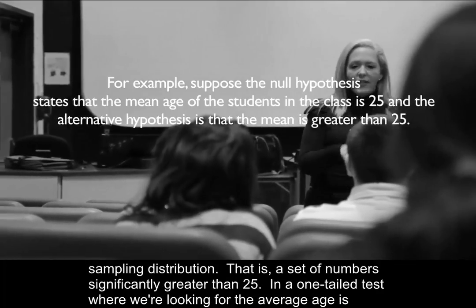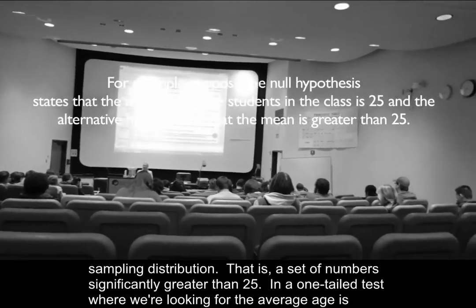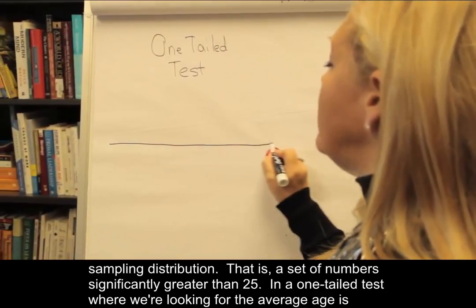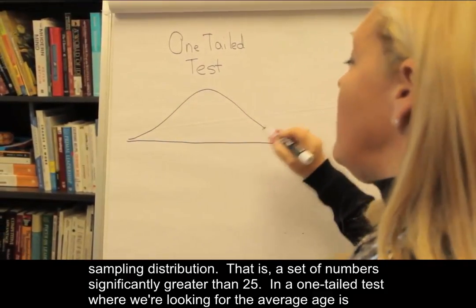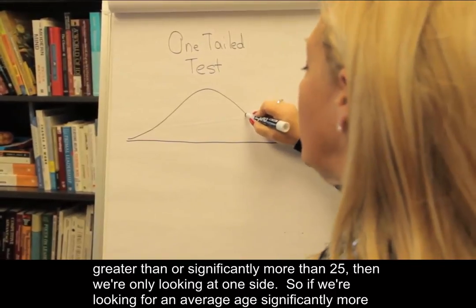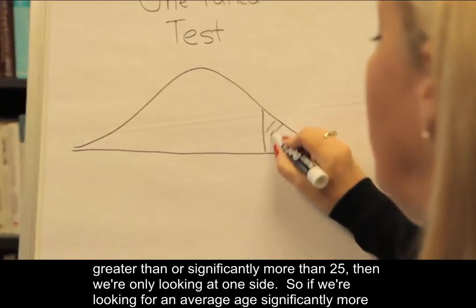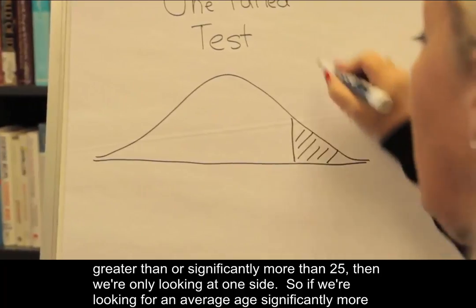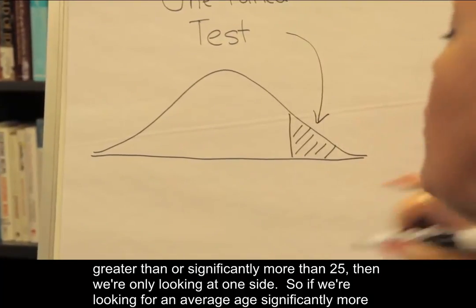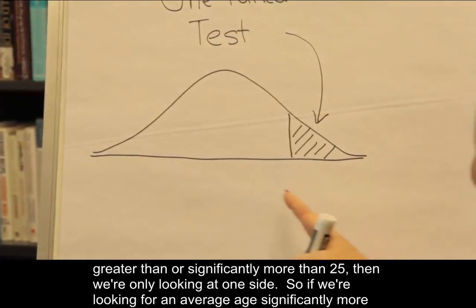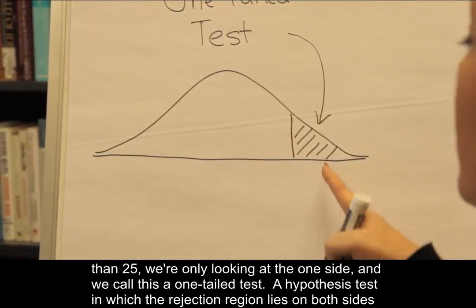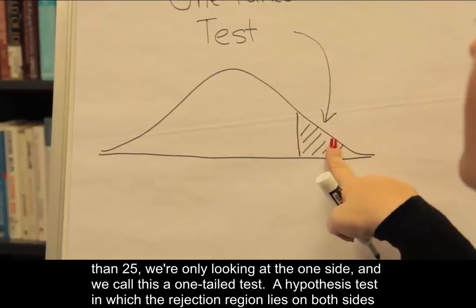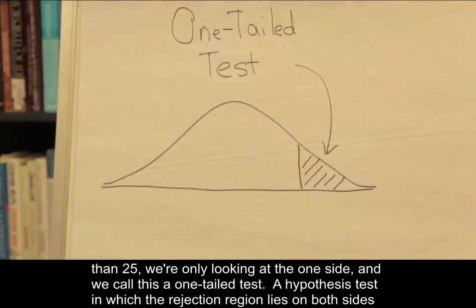That is, a set of numbers significantly greater than 25. In a one-tailed test, where we're looking for an average age significantly more than 25, we're only looking at one side, and we call this a one-tailed test.